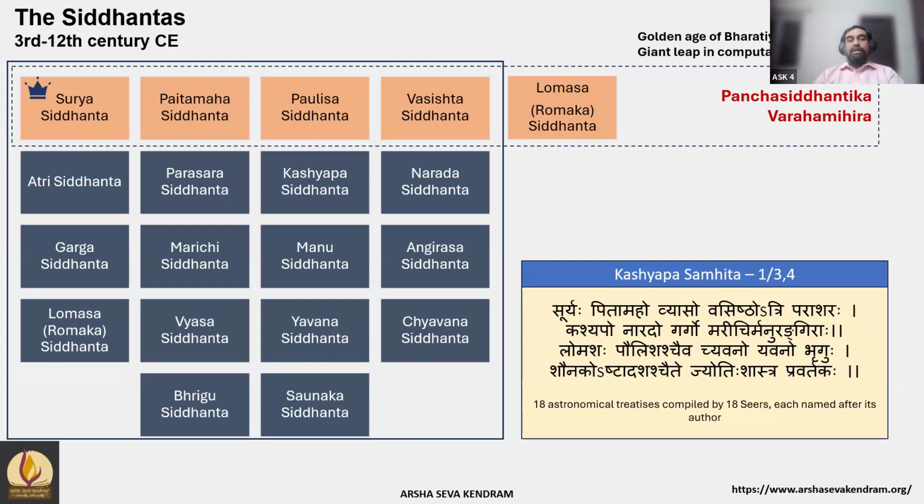that were authored between the 3rd and the 12th century Common Era, as the Kashyapa Samhita highlights: Surya, Pitamaha, Vyasa, Vashishta, Parashara, Kashyapa, Narada, Garga, Marichi, Manu, Angirasa, Lomasa, Vyasa, Yavana, Chavana, Bhrigu, Saunaka.